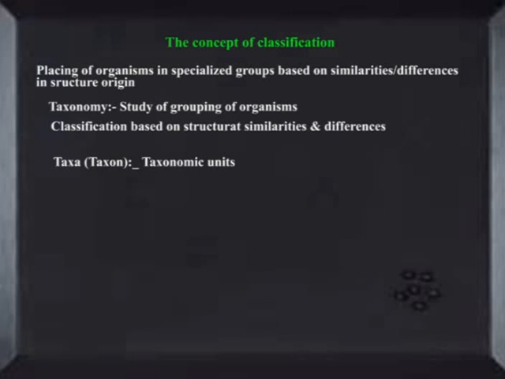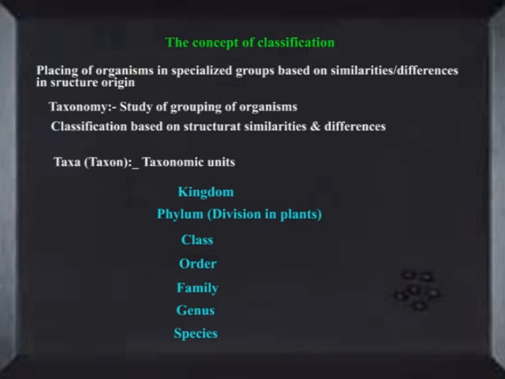These include kingdom, phylum or phyla in plural, and it is called division in plants. We then have class, order, family, genus, and species. The kingdom is of course the first and the largest rank, and species is the last and the smallest.